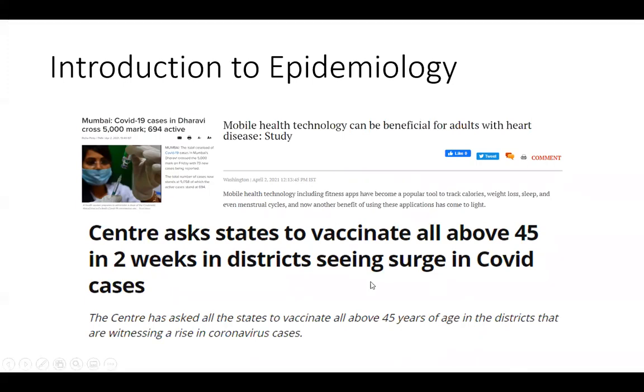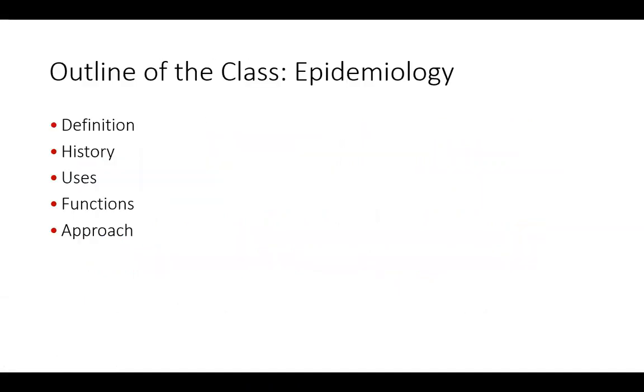I'll first give you the outline of today's class. First we'll cover the definition of epidemiology, that is, we'll learn how to define epidemiology. Then we'll come to the history of epidemiology, that is, we'll try and summarize its historical evolution. Then in the third step, the uses of epidemiology, that is, we will name some of the key uses of epidemiology as a science.